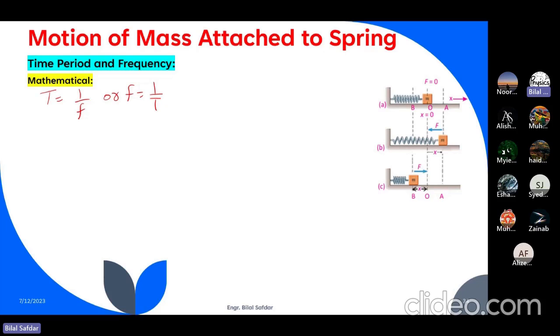Okay, as we are starting, there is a mass attached to a spring, and we have to expand it and then release it. It will come toward its mean position, then it will cover a whole cycle. Then we have to find its time period. Can anyone tell me how we can find its time period formula?